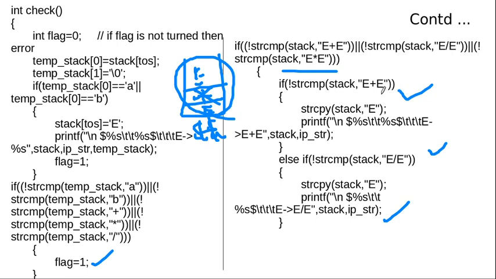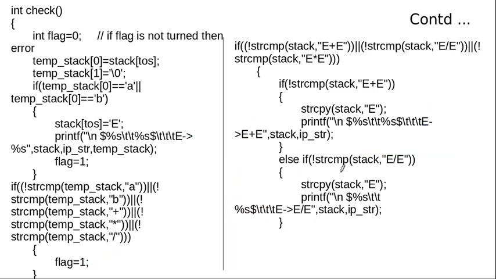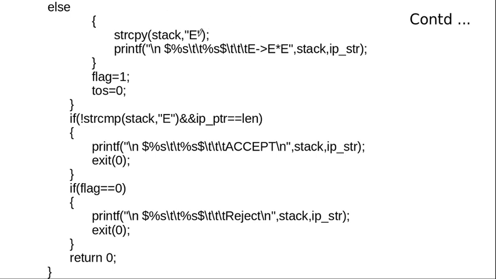If it is E plus E, E plus E can be reduced to E. If it is E bar E, E bar E can be reduced to E. When we have three conditions, I am verifying individually either the first condition or the second condition. If these two conditions are not met, automatically it must be the third condition, not required to verify once again here.